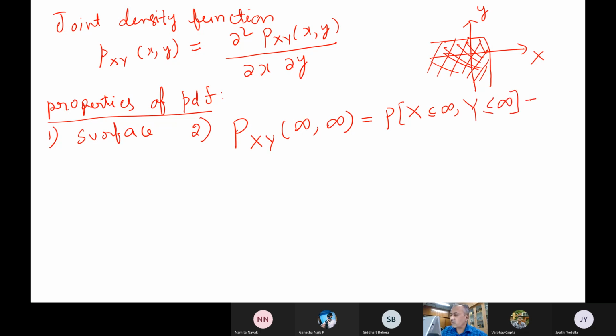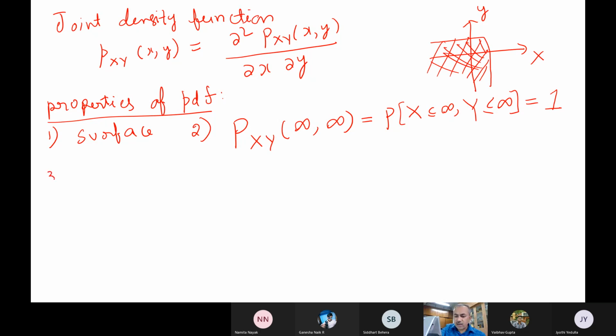Now what is the value? What was Px of infinity in 1 dimension? It was 1. So in 2 dimensions also it will be 1 itself. More or less the same as 1 dimension, but it will be 2D here.